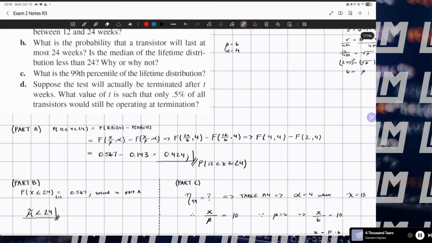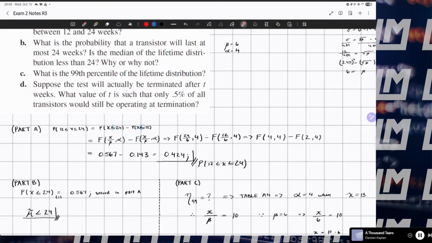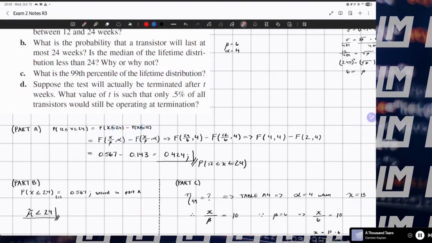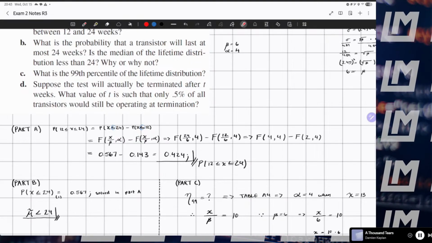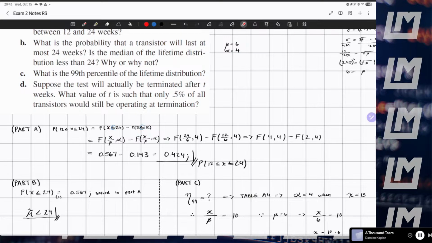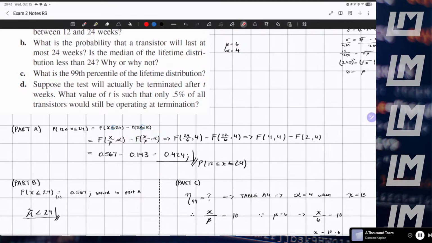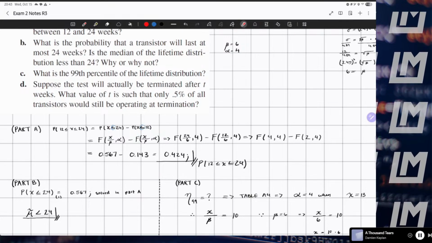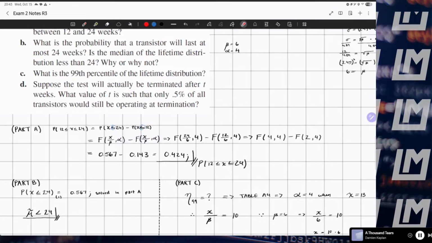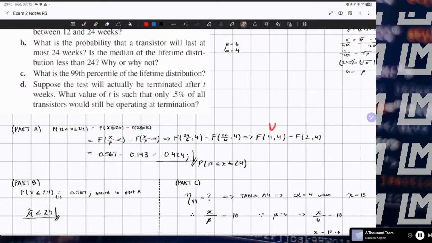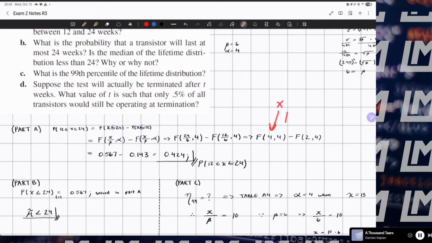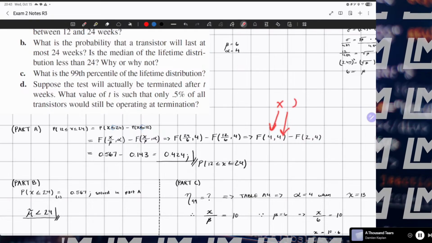Using this is when you go to your table, and if you want, you can pull out that table, and that's going to be table A6. So if you go to table A6 and you look at it, this right here is going to be your X, and then this is going to be your alpha.